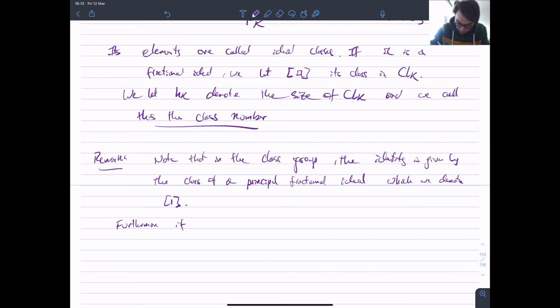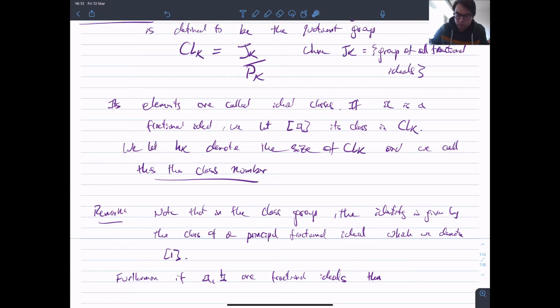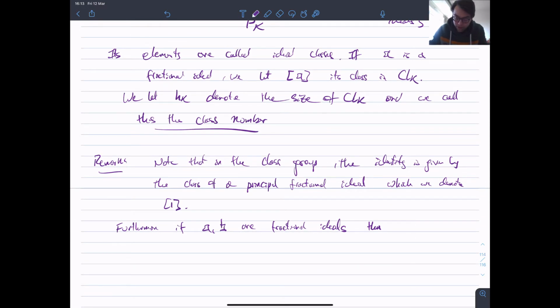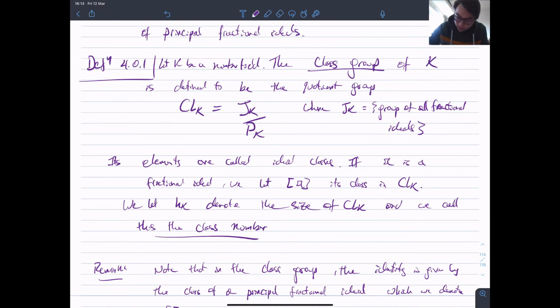if I have A and B fractional ideals, remember that this is a group under multiplication of ideals. When I defined the group of fractional ideals, I defined it as a group under multiplication. So I multiply my ideals together. That's my group structure. I should have said that.